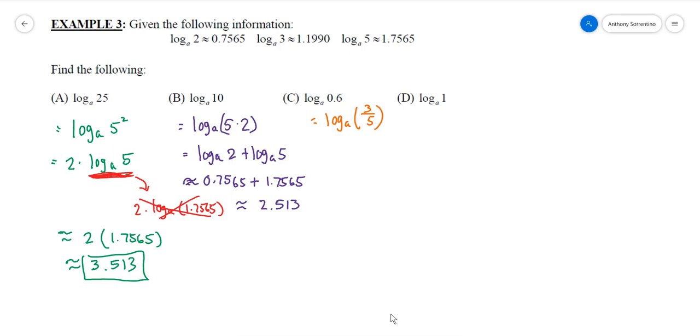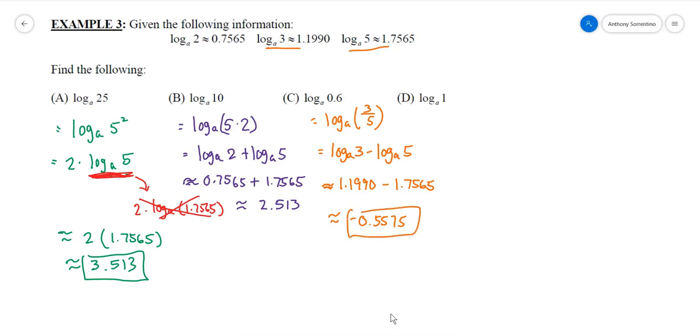And I do know what the log base a of 3 and log base a of 5 are. With the quotient property, this is the same thing as the log base a of 3 minus the log base a of 5, which is going to give me 1.1990 minus 1.7565, but that ends up being negative 0.5575.